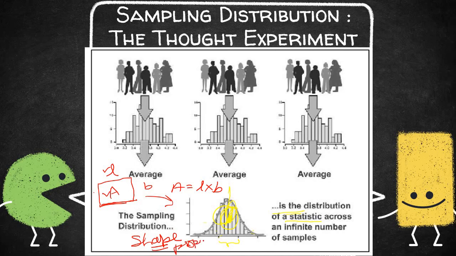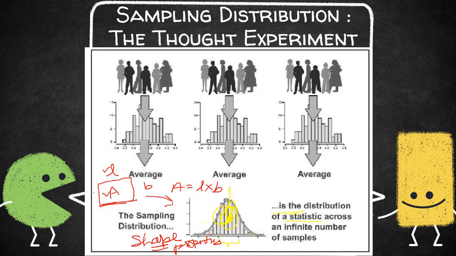Because of its shape, it has certain properties, and we will use those properties to estimate the parameter, because that is what we are interested in. We are not interested in the sample statistic. To begin with, we are interested in the sample statistic, but our underlying idea is to estimate the population parameter.